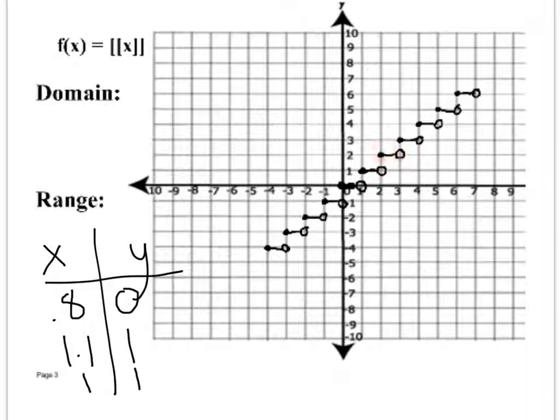So this is just a step function. Now let's look at negative 2.5 for my x. What would my y be? Remember, what was my greatest integer of negative 2.5? Negative 3. Well, look, my x is negative 2.5.